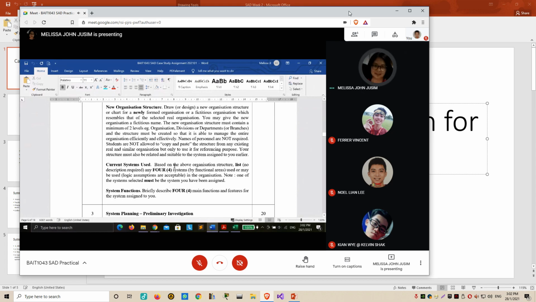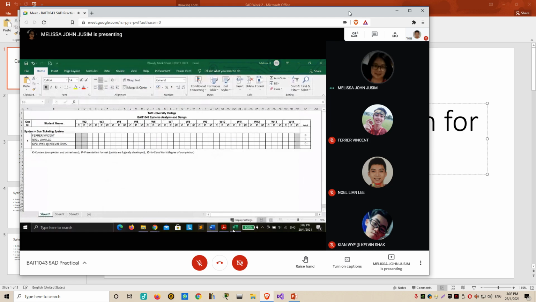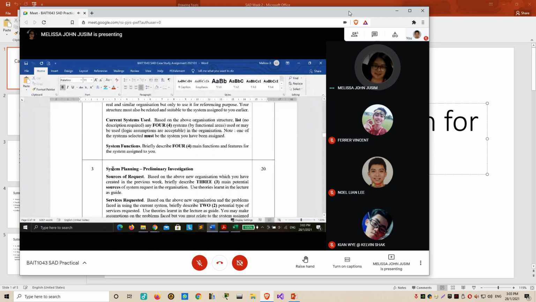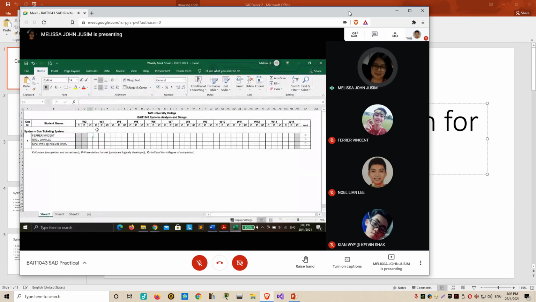Remember that starting from week 3, week 4 onwards, the deliverable will be more than 2 lah, because you need to get marks for the presentation, content of the presentation, and then how you present with the Q&A, as well as the in-class work. So three things.